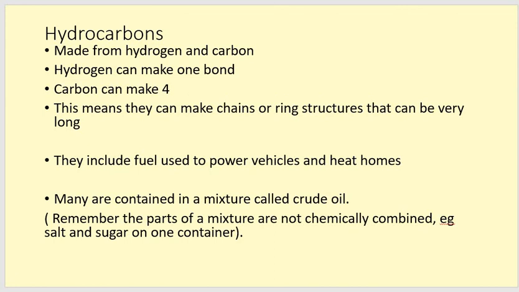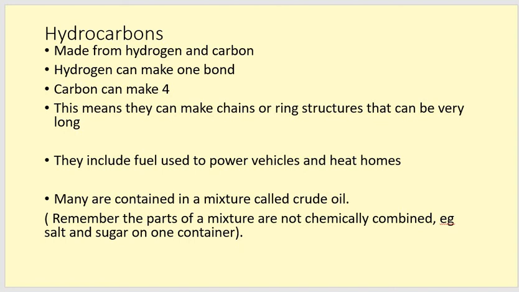So, straightforward. Hydrocarbons. The clue is in the name, really. They're made from hydrogen and carbon. Now, hydrogen is an atom which is able to make one bond only, so it can only join to one thing, a little bit like having one arm.